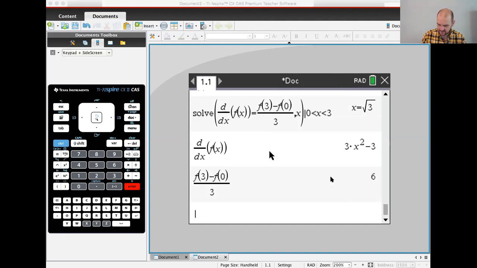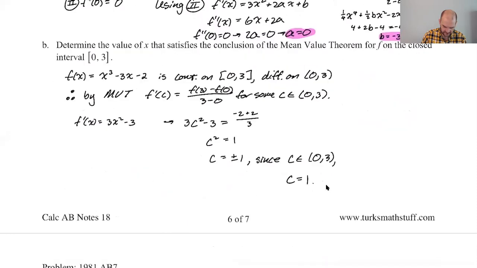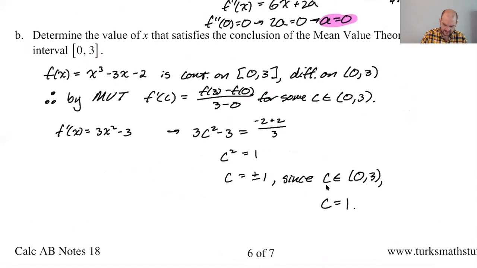The place where I got it wrong was, oh man, this must be so frustrating for some of you. Here, this value is wrong. I just didn't cube it.